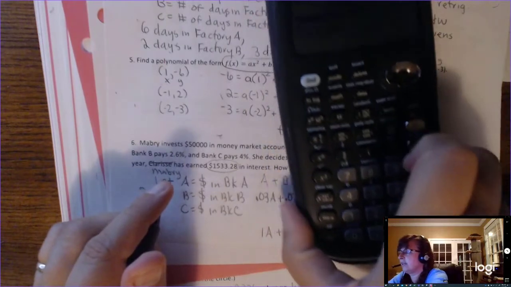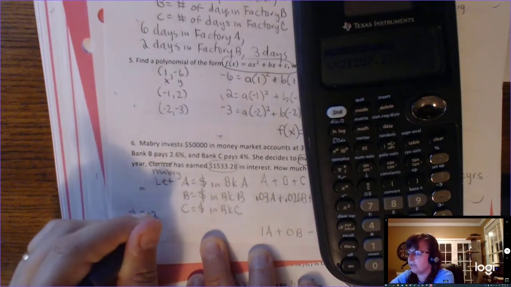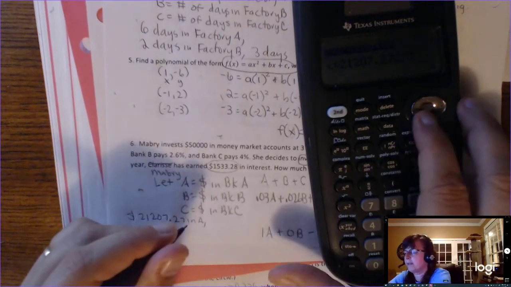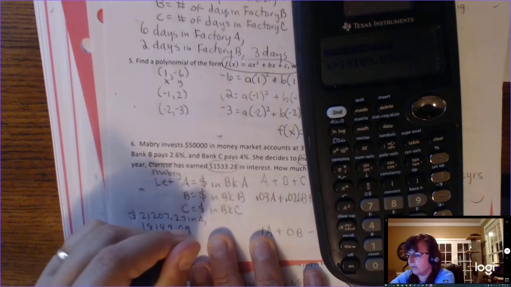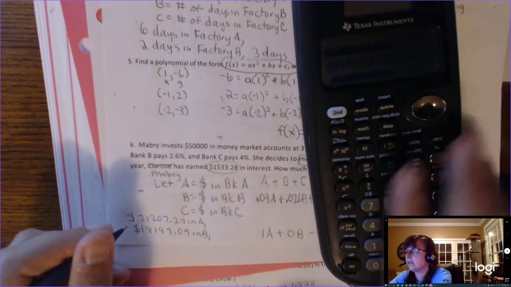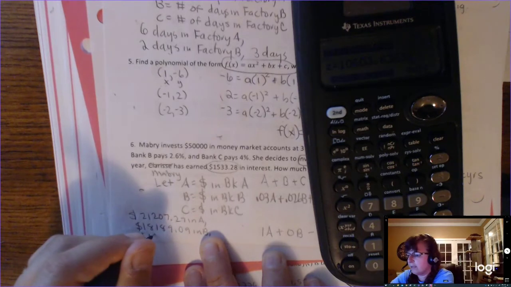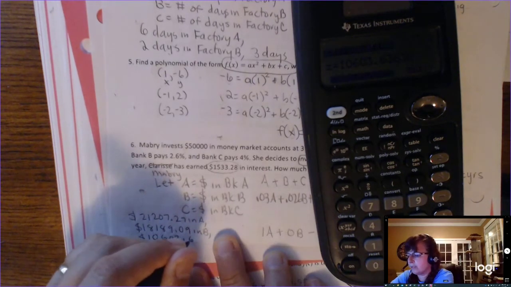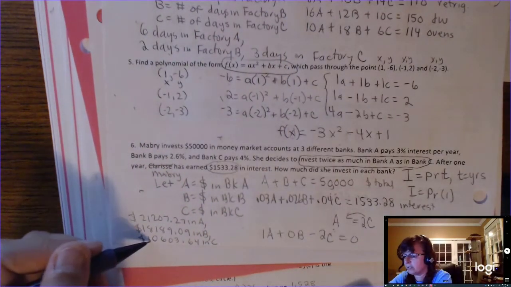A is our X, so that's the money in Bank A. Round to the hundredths place. And $18,189.09 in B. Don't forget your units. And $10,603.64 in C. And does that look like twice that? It does.